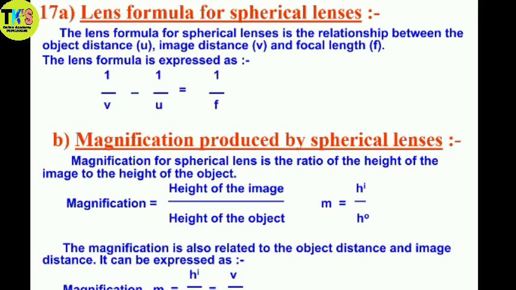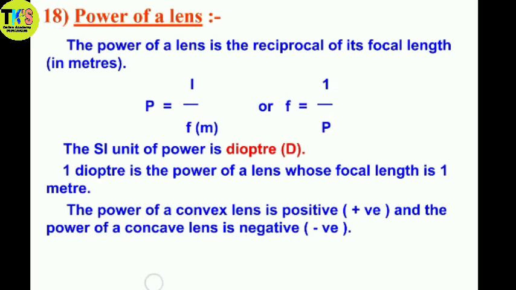How will we express this? It can be expressed as magnification, shown by small m, equal to h' upon h, that is image height over object height, or v upon u, image distance over object distance. In case of spherical mirror it was minus times.